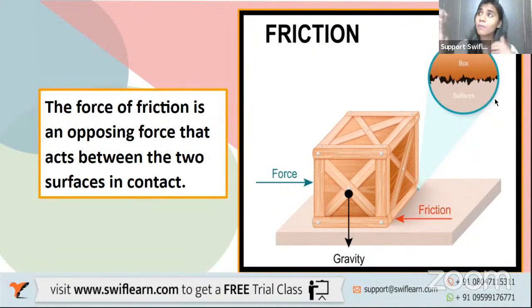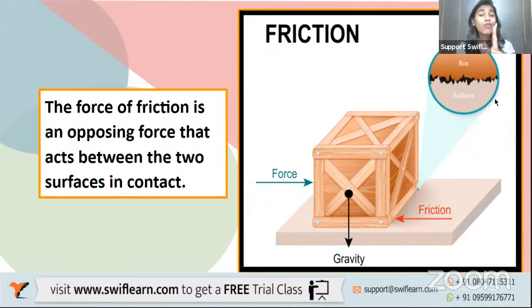Contact force means both the objects are in contact with each other, and the force is applied through contact. Non-contact force is when both are not in contact with each other, like gravity. Even if both objects are not in contact, gravitational force can still work.